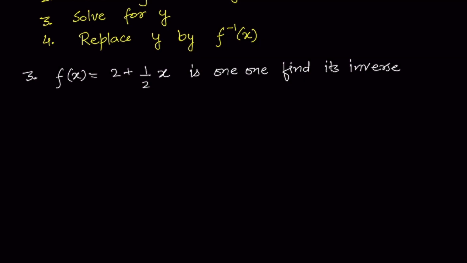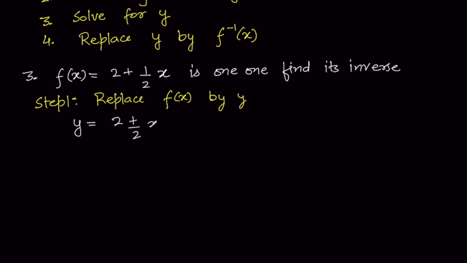Let's do it step by step. So our step 1 is we are going to replace f(x) by y. That gives us y equals 2 plus 1/2 x.